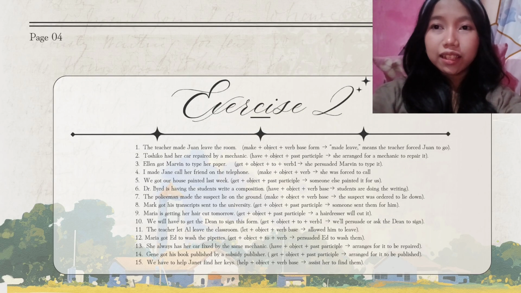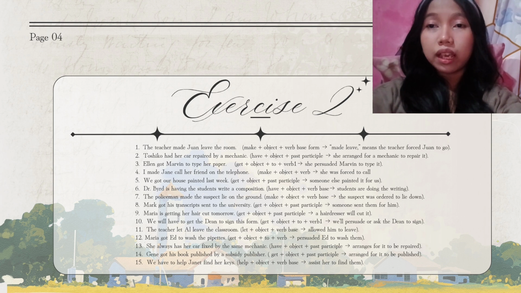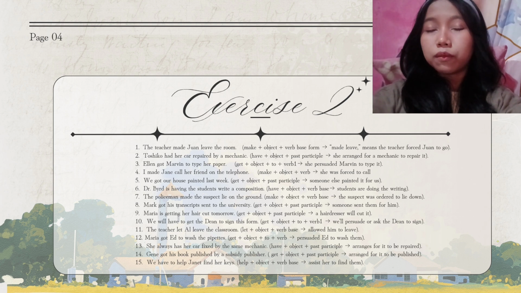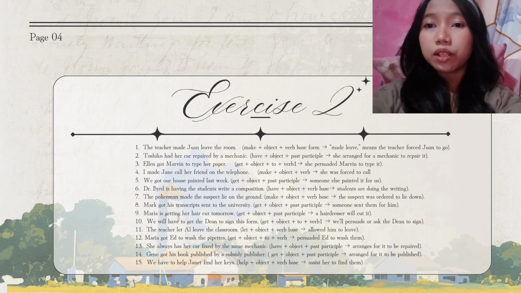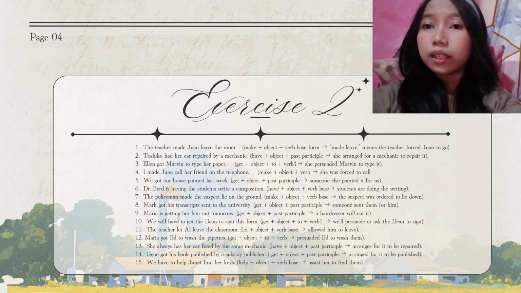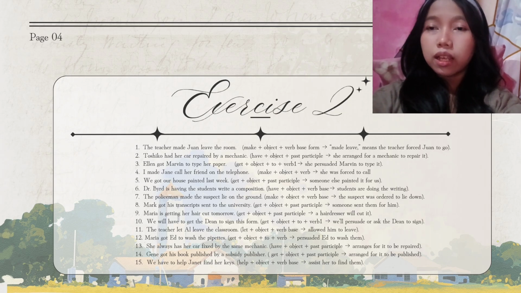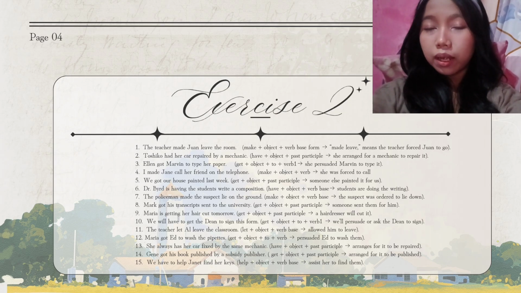Okay, in this slide, I will explain the answers to exercise 2. For number 1, the answer is the lecturer made Juan leave the room. The structure of the sentence is make plus object plus base verb, or verb 1.